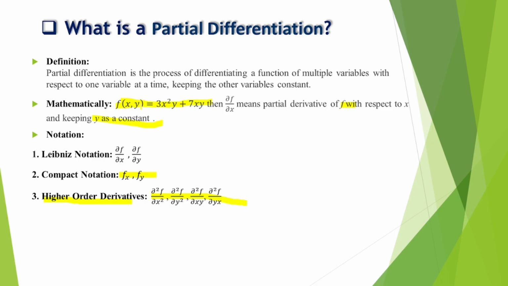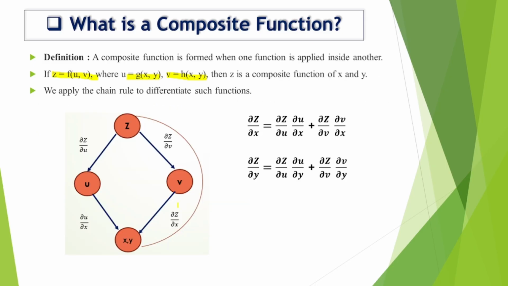So the derivative is 6xy plus 7x. Notation: in Leibniz notation, we write dabba f by dabba x, dabba f by dabba y. In compact notation, we write this form, and higher order derivatives are written as this.